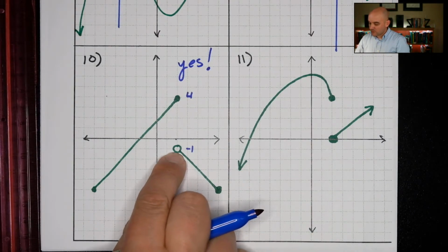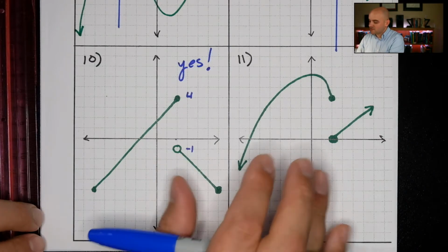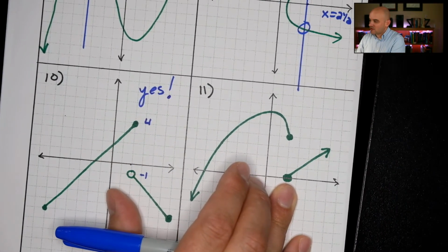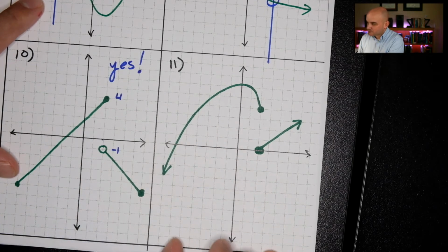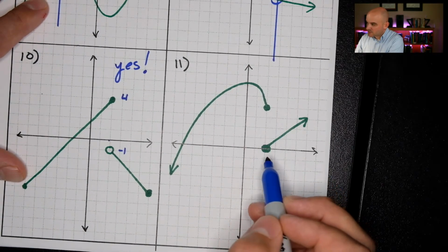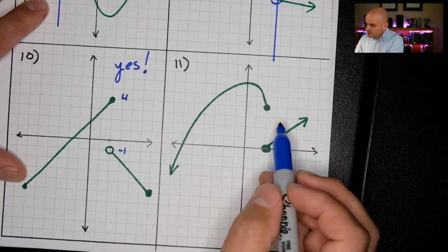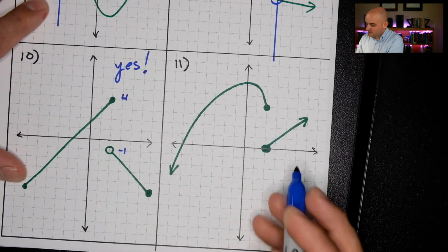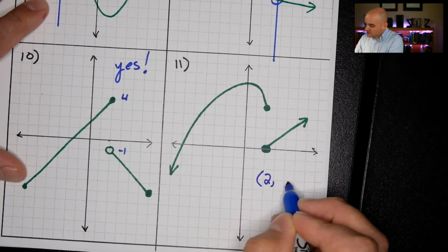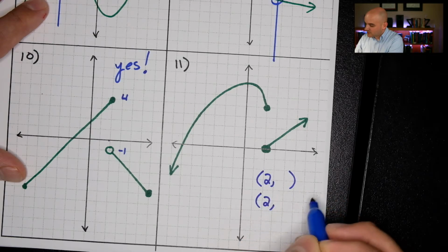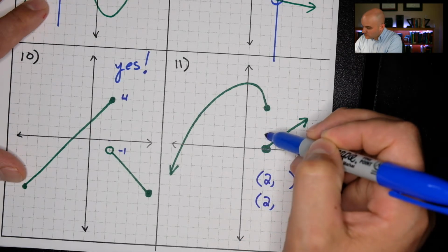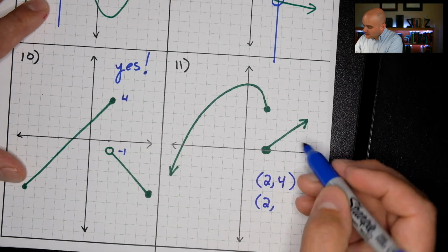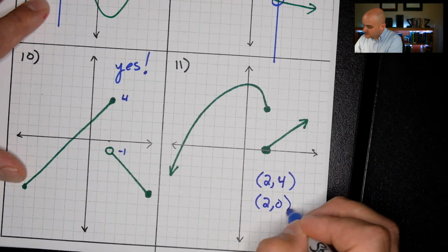If you really feel like -1 should be part of this and it shouldn't pass the vertical line test, look at when we do have an issue. So notice the difference between these here at x equals 2. In this case, both are solid. So this means when x equals 2, you've actually got 2 points going on. When x is 2, y is 4, and when x is 2, y is also 0.